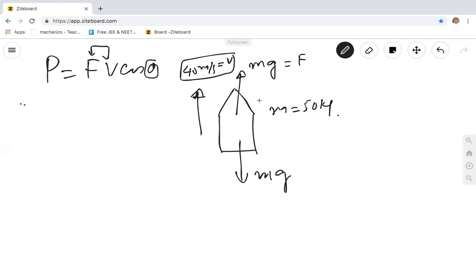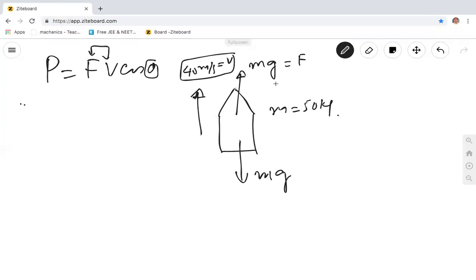Applied force mg, so that there is no net force. That is why it moves with a constant velocity. Any object that moves with a constant velocity must have zero net force. You already know there's a downward force of mg, so you have to create an equal amount of force in the upward direction. Now you understand?